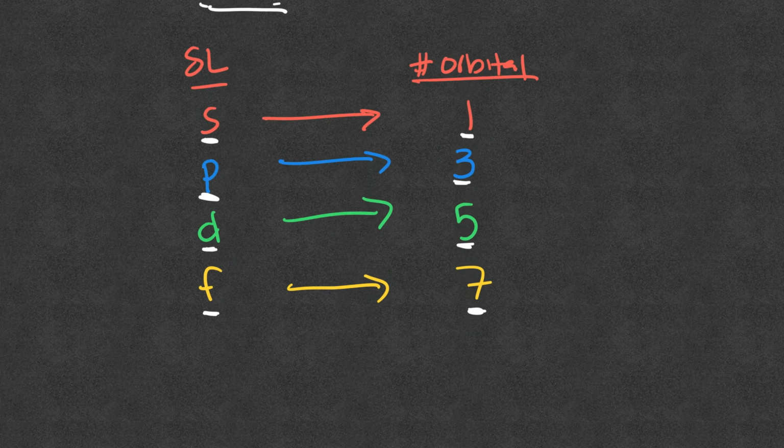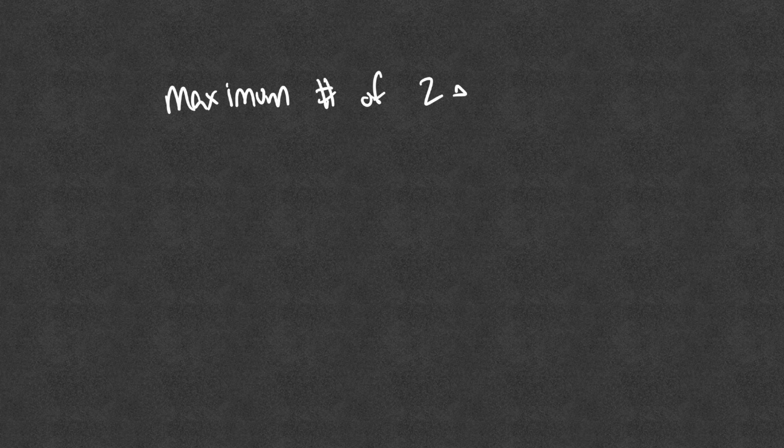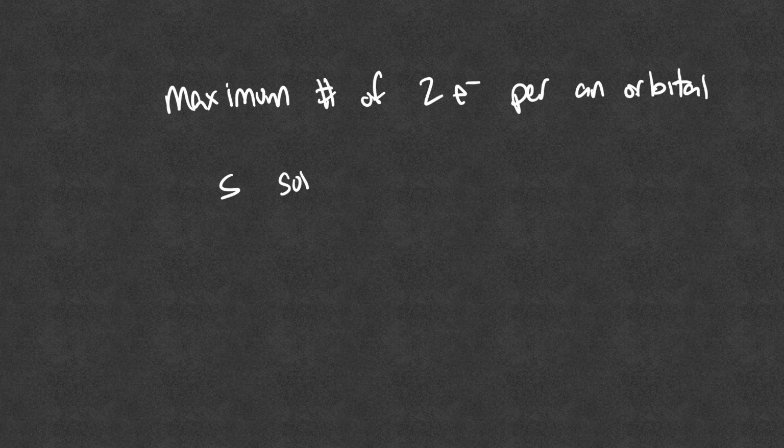Now, it turns out that within each orbital, and this is always the case, you could have a maximum number of 2 electrons per orbital. So these orbitals are exactly where the electrons stay. When you think about it this way, we know that the S sublevel contains 1 orbital.